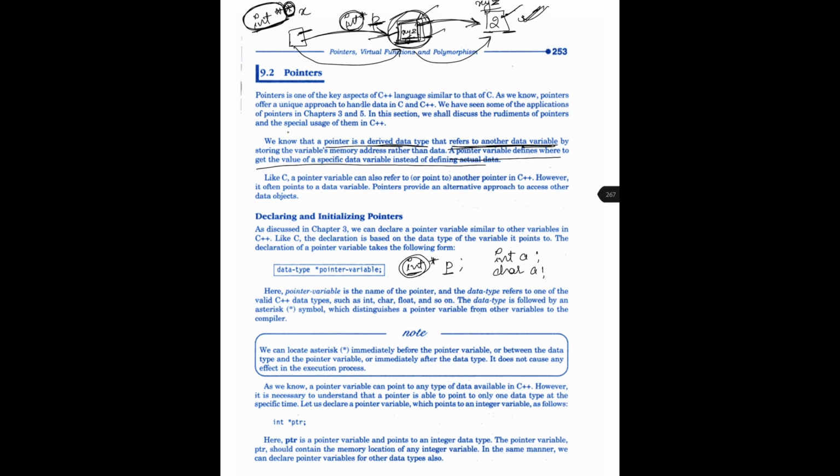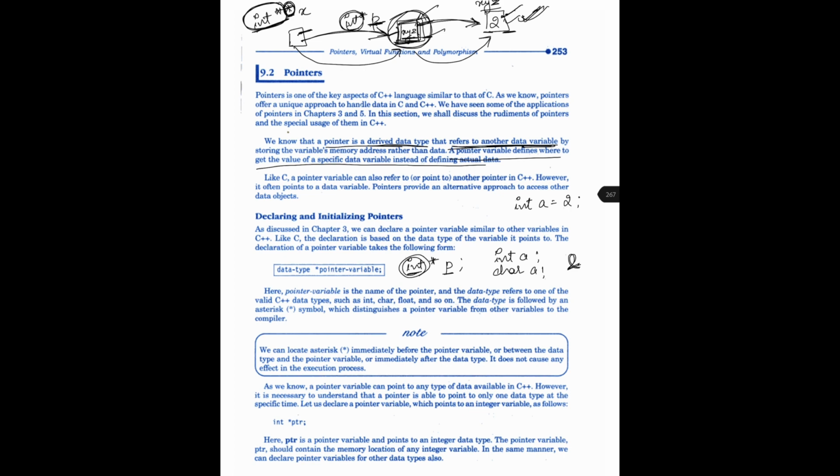Now let's see how we can initialize a pointer. Now you know that we store the address of the memory location in a pointer. To get the address, we use the address of operator, which is denoted as ampersand. Address of operator or reference operator. Now for example, I have declared a variable a and initialized it with 2.